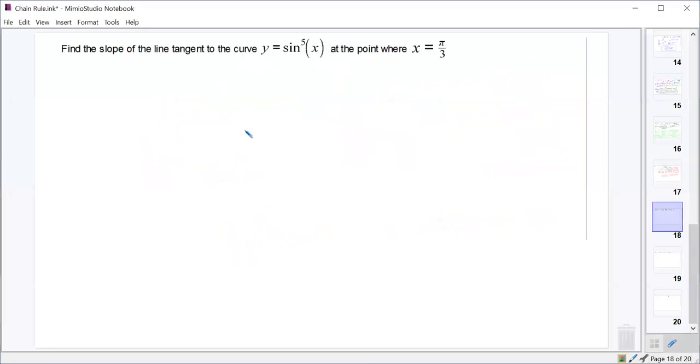All right, let's see if we can do this one. You want to try and do this one on your own? Find the slope of the line tangent to this curve at the point where x equals pi over 3.